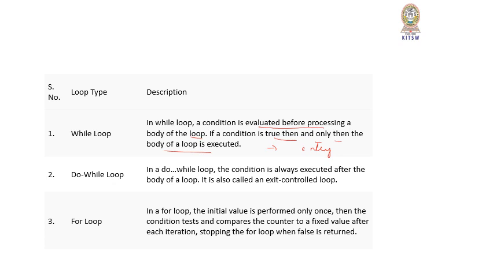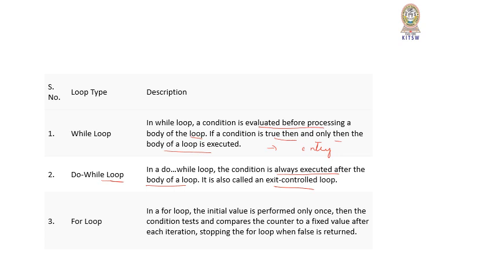And in do while, the condition is always evaluated after the body of the loop. After executing the statements within the do while loop, then the condition is checked. So this condition is checked at the termination of the do while loop or at the exit of the do while loop. So this is an exit control loop.